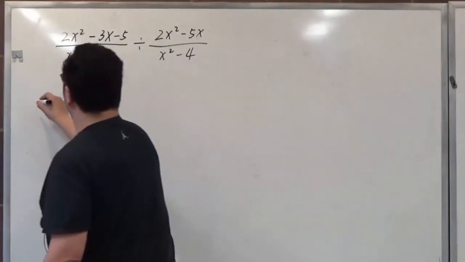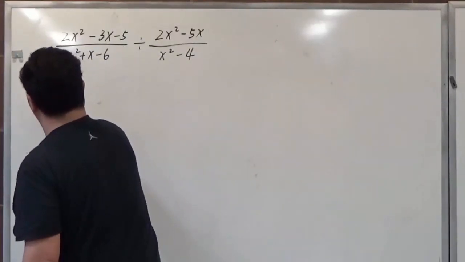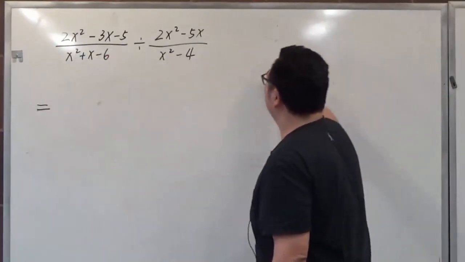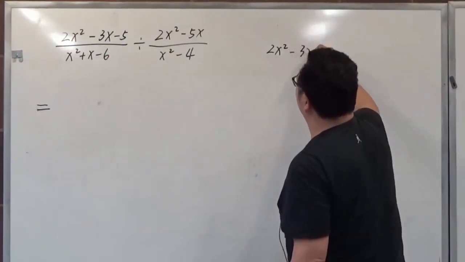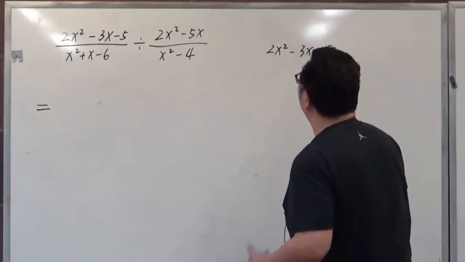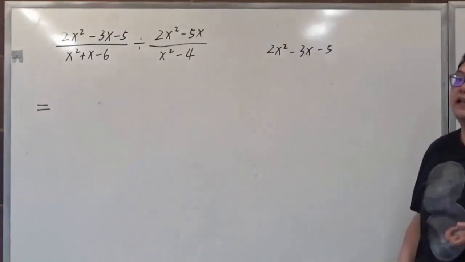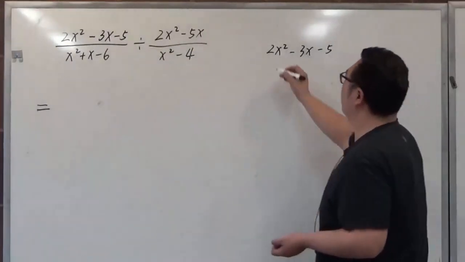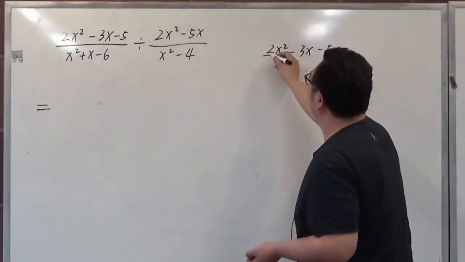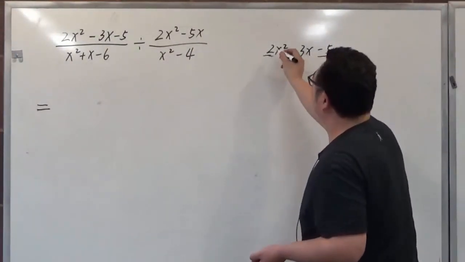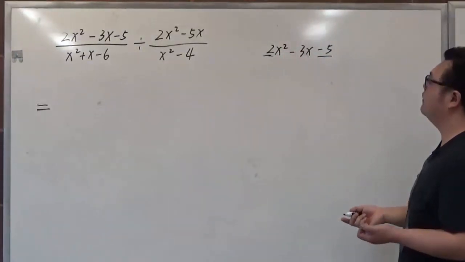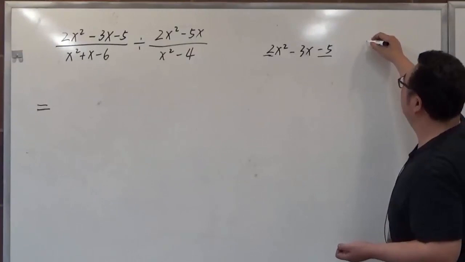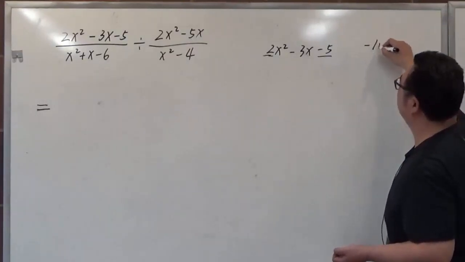So to start, we have the first expression here, 2x squared minus 3x minus 5. We're able to factor that by the AC method. Our a, the coefficient of x squared, is 2. Our c is negative 5. Multiply them together, we get negative 10.